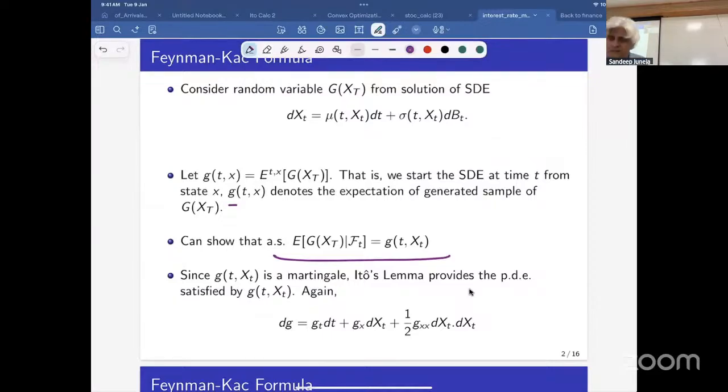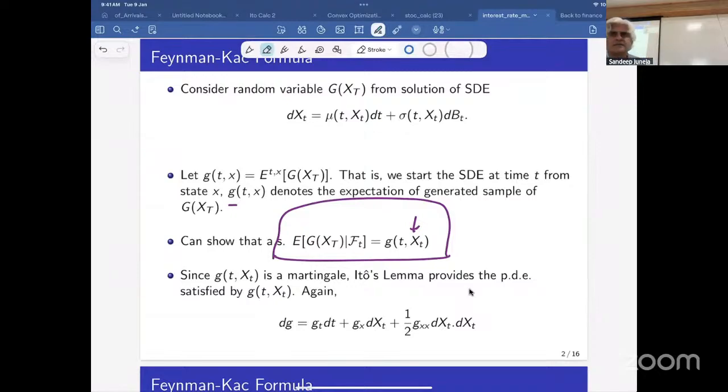This G(t, X_t), the way we define it, is a martingale because it's a conditional expectation of a single random variable. So this martingale will have an Ito representation, right? But because it's a martingale, the drift term should be 0. So let's do that calculation.